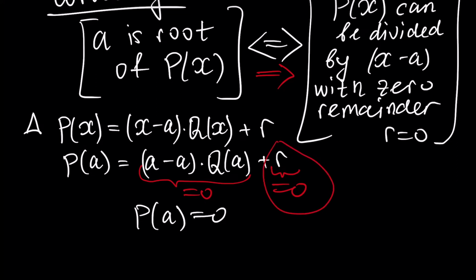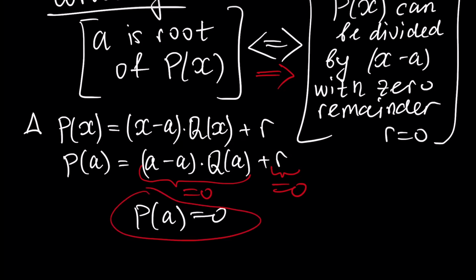Remainder must be 0. And opposite, when remainder is equal to 0, then we have p at the point a is equal to 0, or a is the root of our polynomial. So this was the proof of our result.